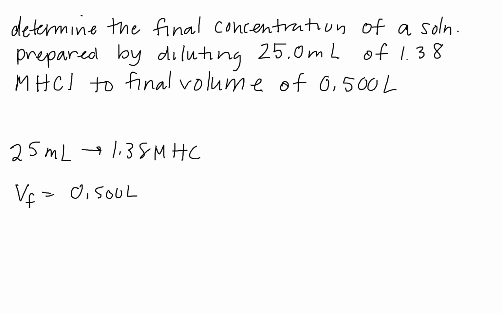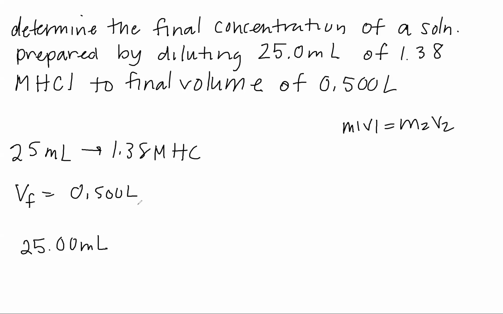But we need to figure out, how would we figure out our first mass? So we know we're going to use M1V1 equals M2V2. We know that. And we want the final volume to be this, okay? So we need to start by first taking this 25 mils and converting that to liters.